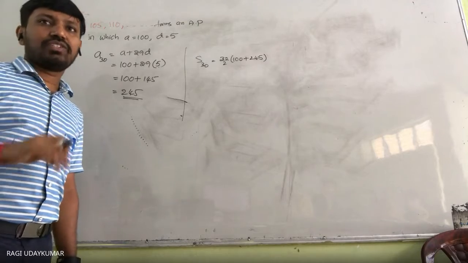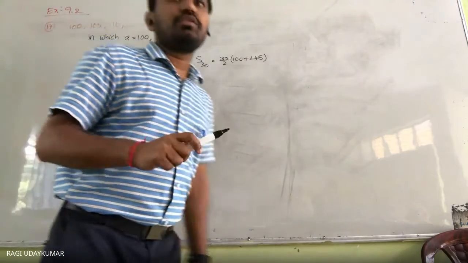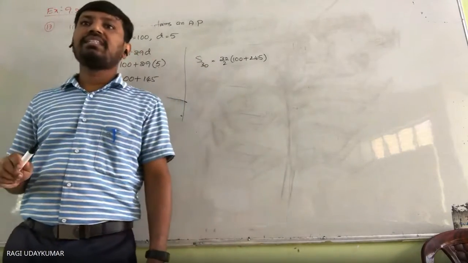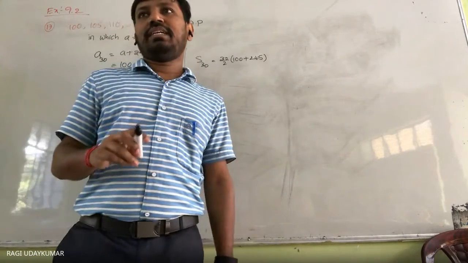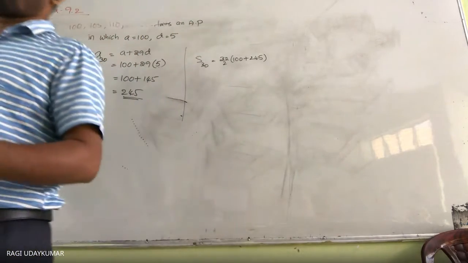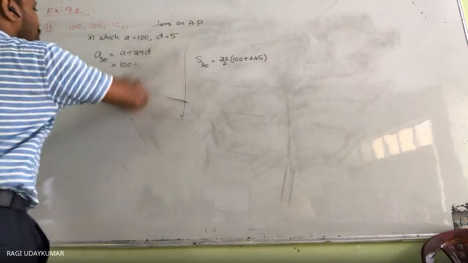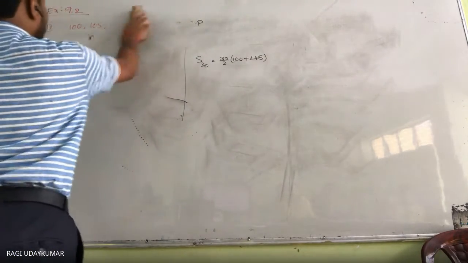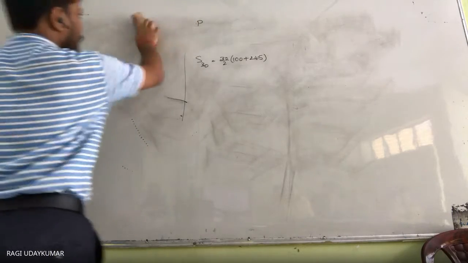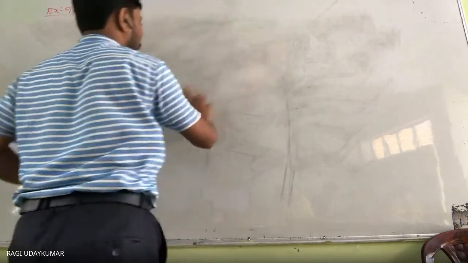Okay. Next, 18th question. The difference between two consecutive interior angles of a polygon is 5 degrees. Now here, if you are observing properly, you need to know the properties of the polygon.